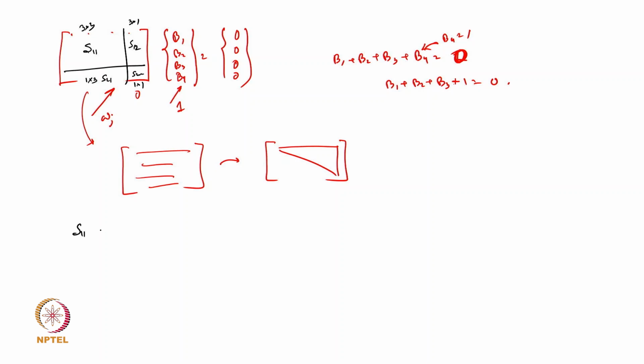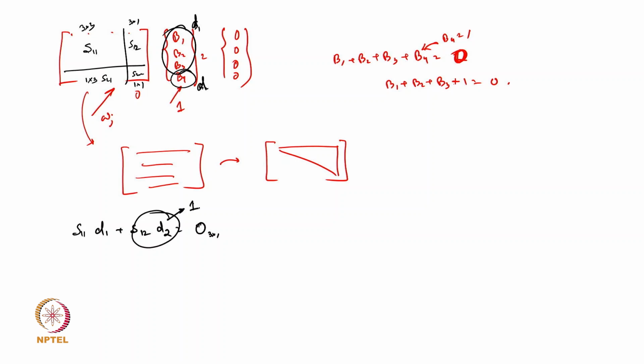So you can say S11 into this, maybe B1 and this is B2, or maybe D1 and D2. So S11 D1 plus S12 D2 will be equal to 0. So that will be 3 cross 1. Now you see D2. What is your D2?